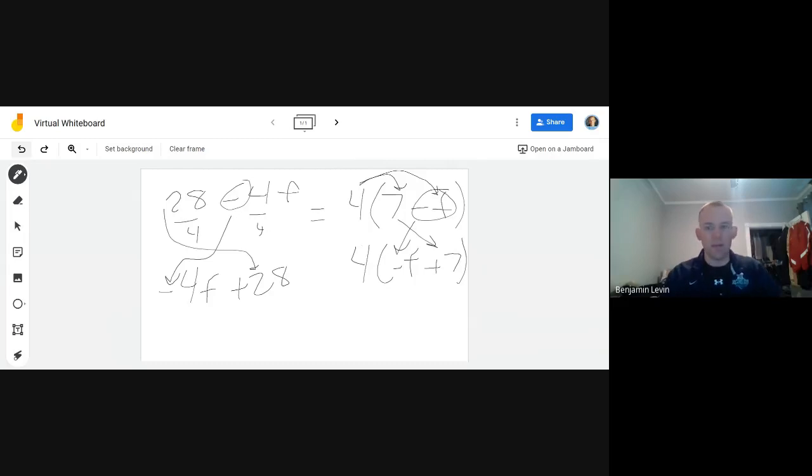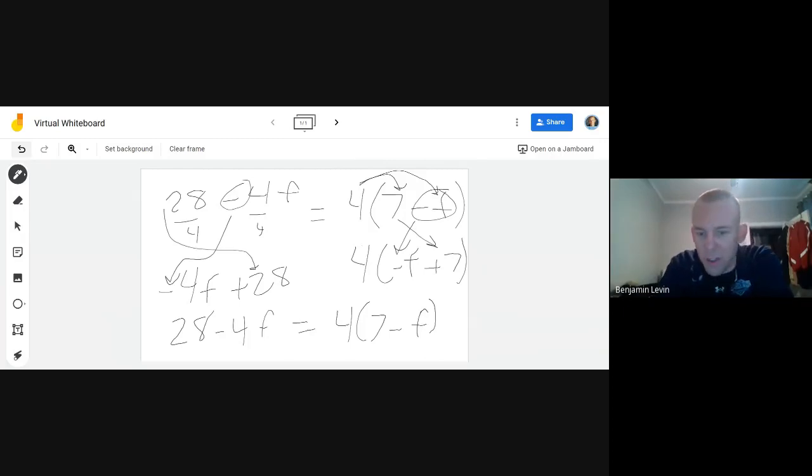So if they say true or false, and they say 28 minus 4f equals 4 times 7 minus f, we would need to know that this is true, because you would look at the distribution. 4 times 7 is 28, and 4 times f is 4f, and we have a minus sign, so it's negative 4f.